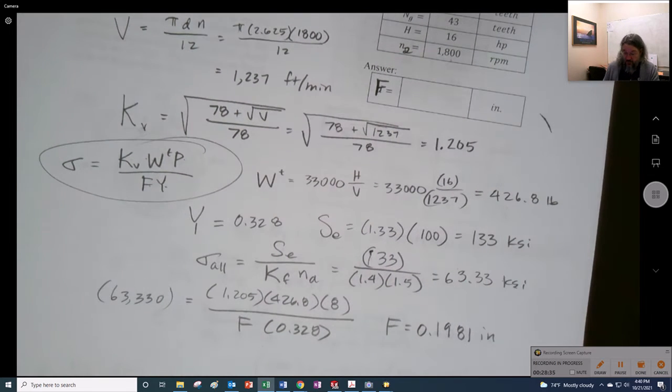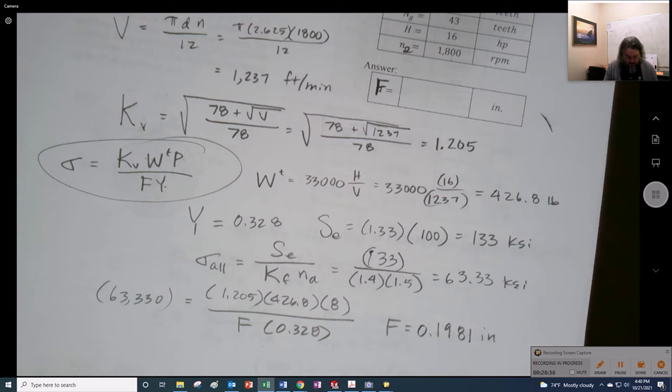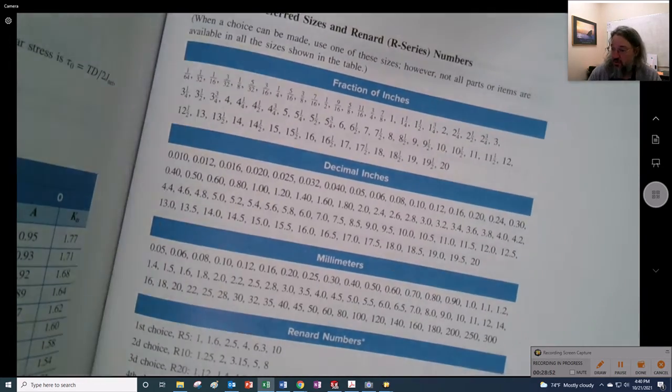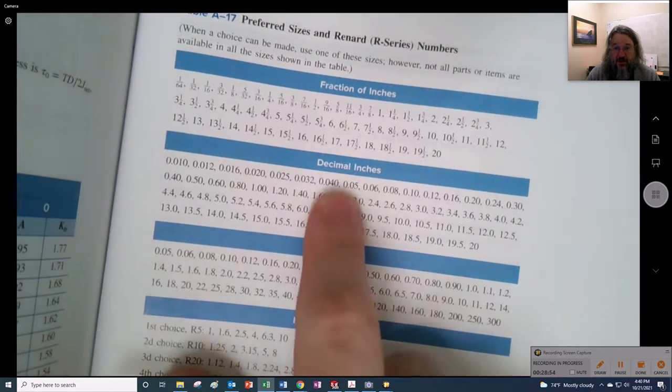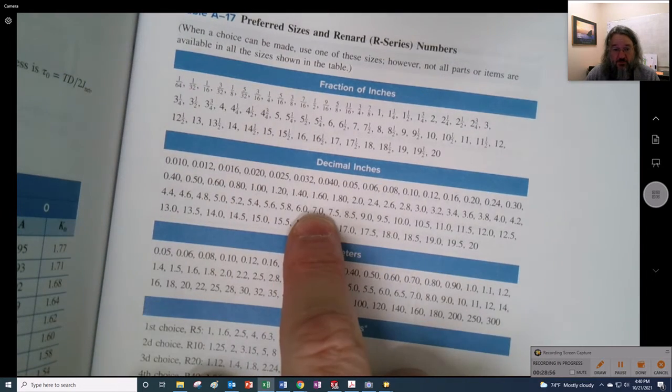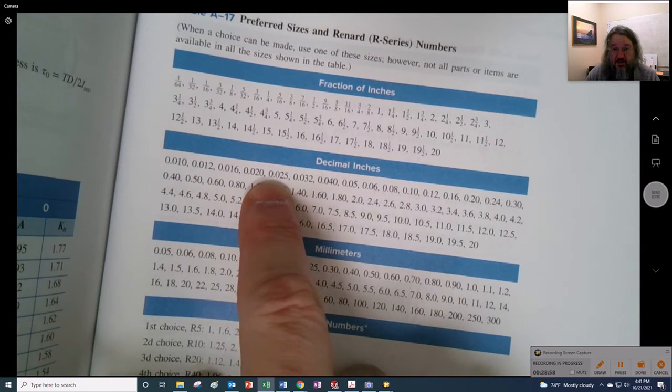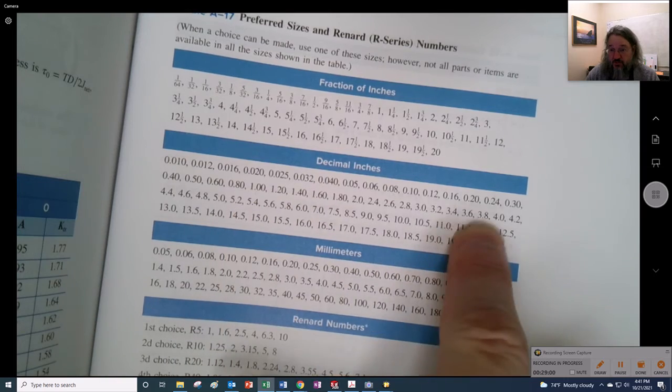So we want to look that up in the back in table A17, and I'm just doing this to mimic what we would typically do. And we have to decide whether we want to have a fraction or a decimal. Well, definitely a decimal would be a lot easier for us to have, 0.2 right there, right?